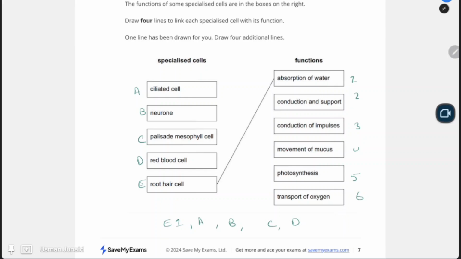A to the sixth one, ciliated cells. I told you ciliated cells are the ones which have brush borders, right? And what does this brush border do? It moves stuff, right? What stuff does it move? Mucus. Mucus, right? So which one is it now? Fourth one. Okay. Now neuron. What does a neuron do?